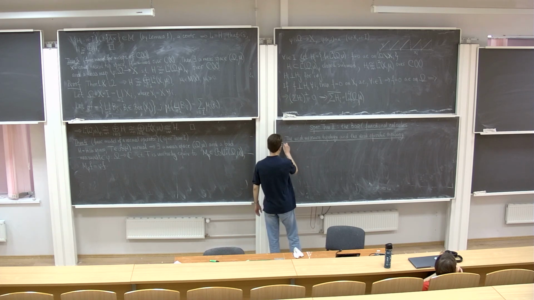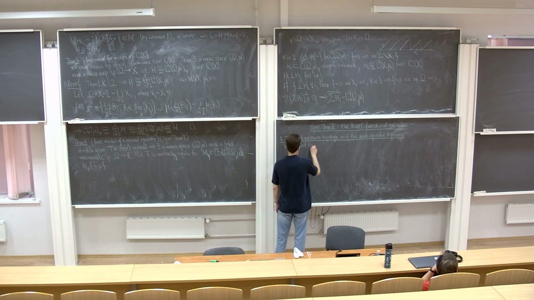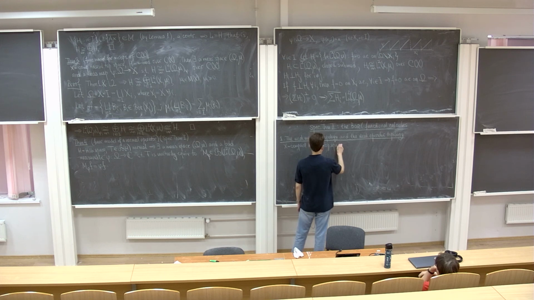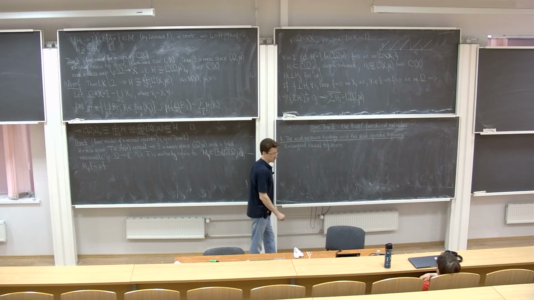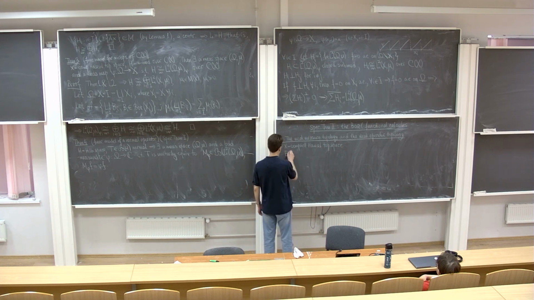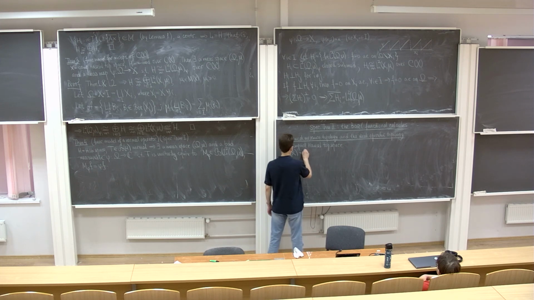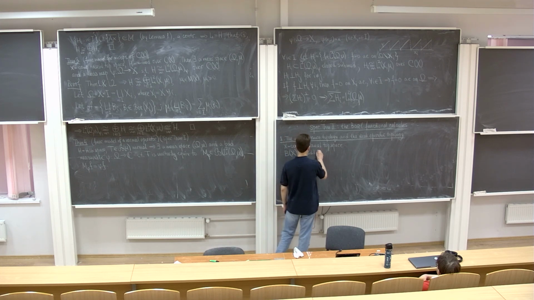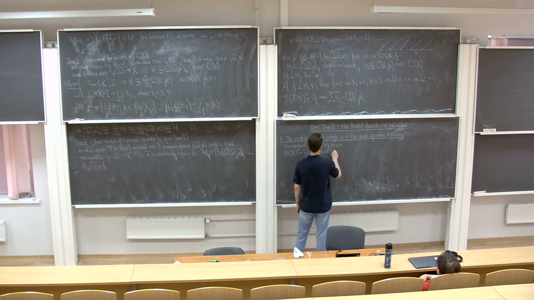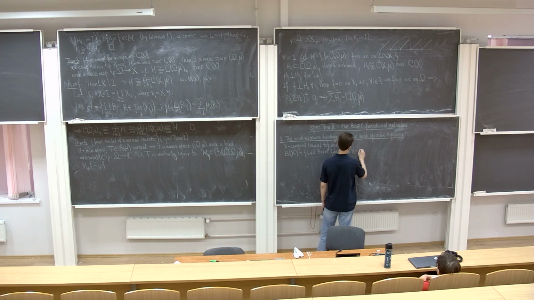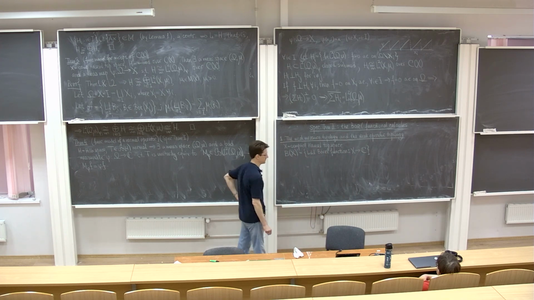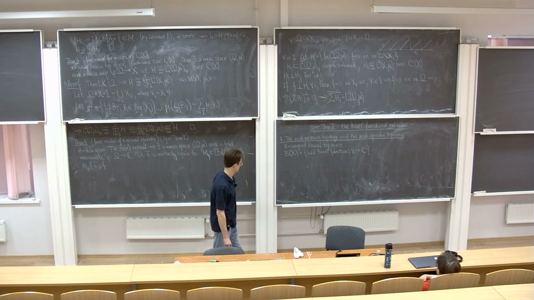So we take a compact Hausdorff topological space X, and we denote by B(X) the space of all bounded Borel functions on X. So clearly this is a Banach space with respect to the supremum norm.